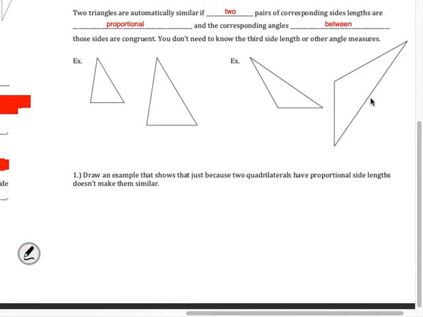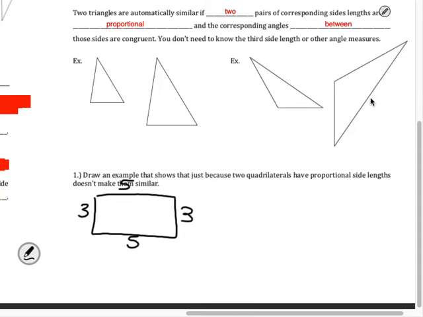All right, and number 1 down here, it says, draw an example showing just because two quadrilaterals have proportional sides, it doesn't make them similar. So I'm going to start with a rectangle over here of 3, 5, 5, and 3.